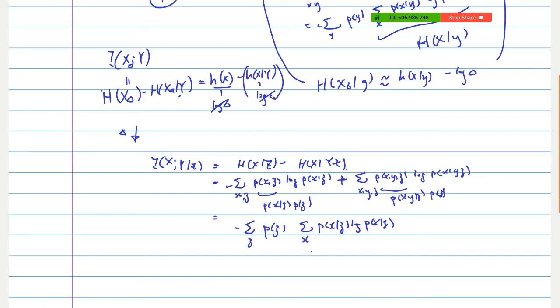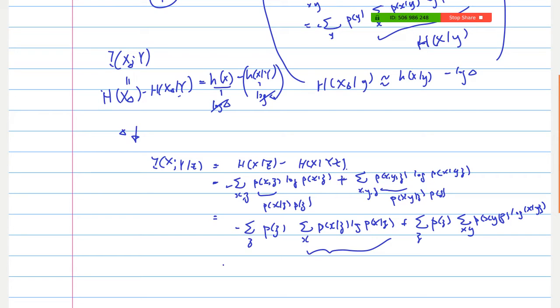This again is just the entropy of x parameterized by z. Then the second term is p(z) sum over x,y of p(x,y given z) log p(x given y,z).